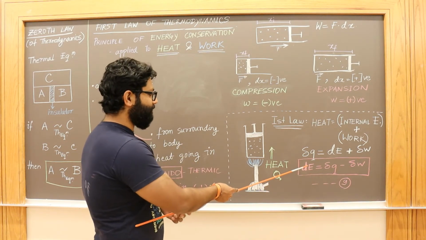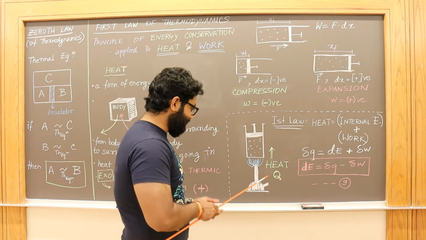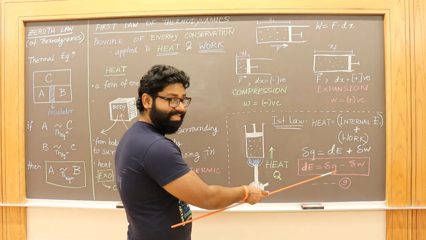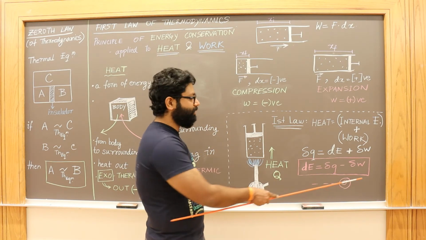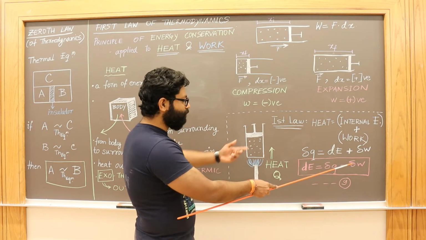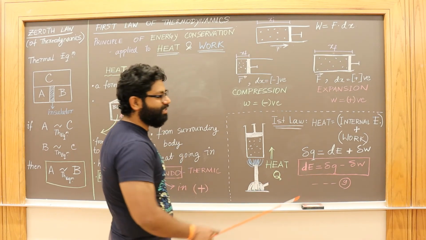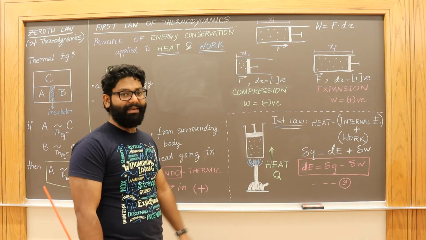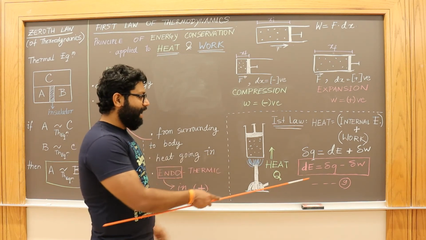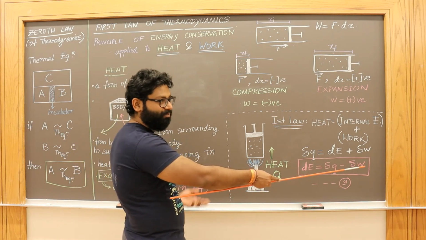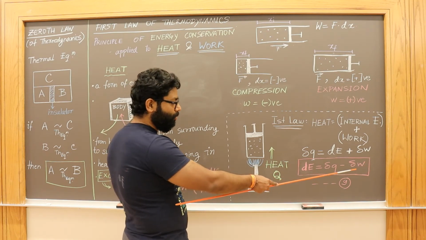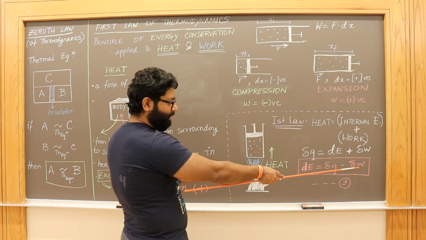Now, if the external heat provided was 10 joules and 2 joules were used by this gas to do some work, what is the amount of internal energy left? 10 minus 2, 8. It's as simple as that. It's like I give you $100 and you use $20 to do some traveling.